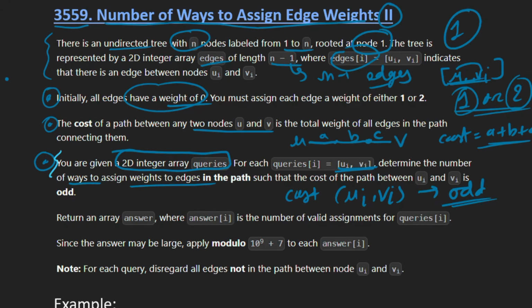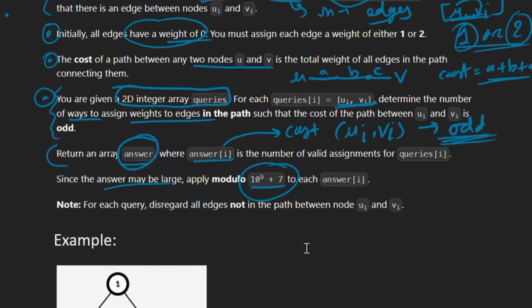And at the end we need to return an array answers where answers[i] stores the number of ways by which we can assign the weights such that the cost of the path ui comma vi should be odd, right? And it is given that the answer can be large, so we have to return answers[i] modulo 10 to the power 9 plus 7, right? So this is the question statement.